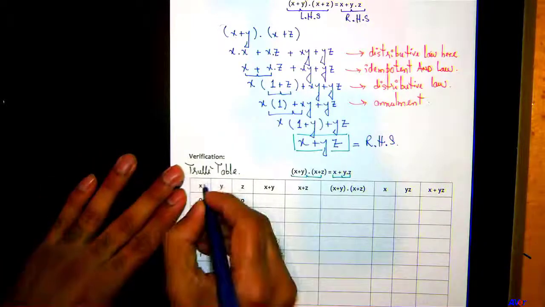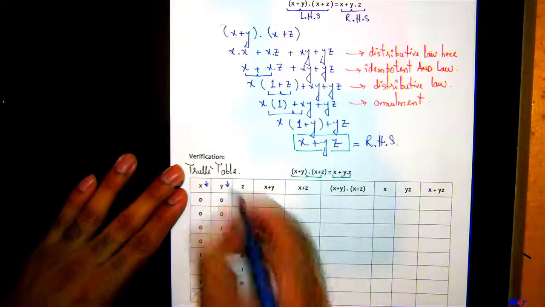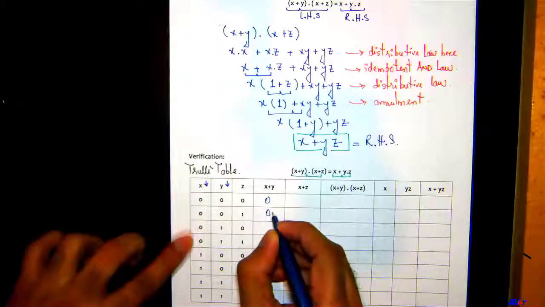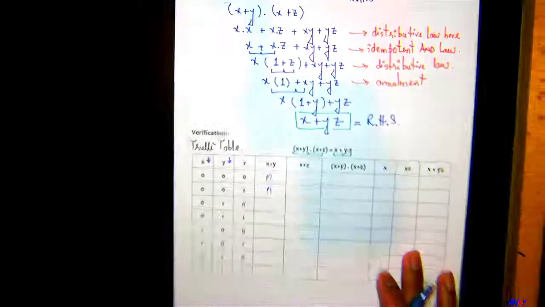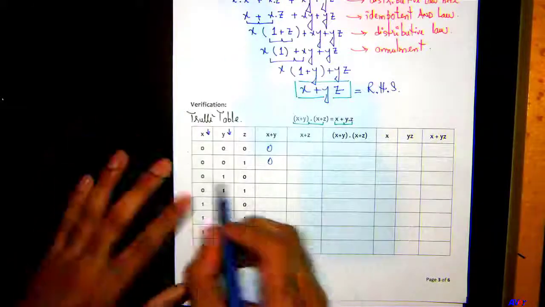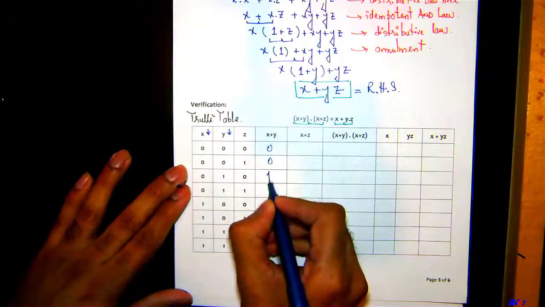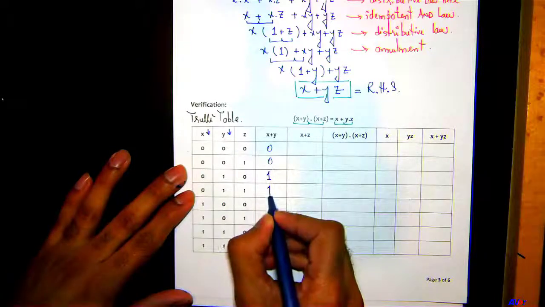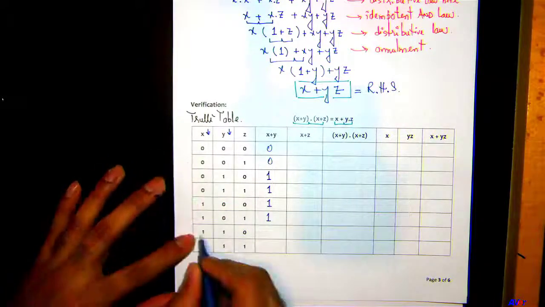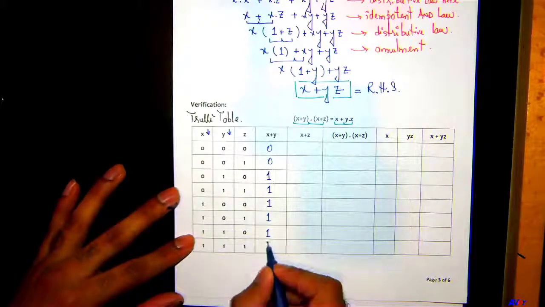We are looking at these columns right here, x and y. 0, 0 is going to be 0. 0, 1 is going to be 1. 1, 0 is going to be 1. And 1, 1 is also going to be 1.